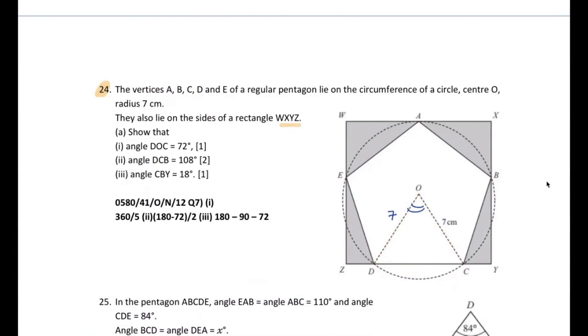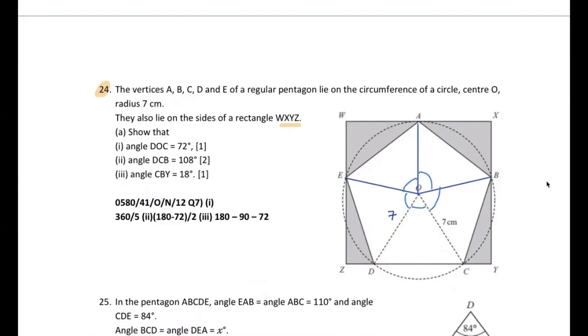Okay. Now we need to find this angle. We don't have this angle for now, but if you try to understand the geometry of the shape, OA is also the radius, OE is also the radius, and OB is also the radius. Would you agree that you are going to be getting 5 isosceles triangles about the point O? Would you also agree that all these angles are going to be the same?